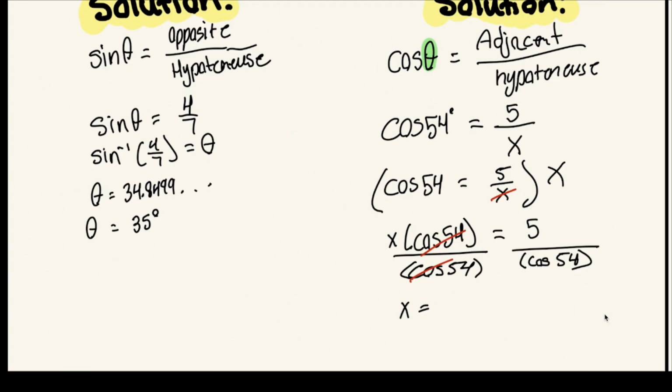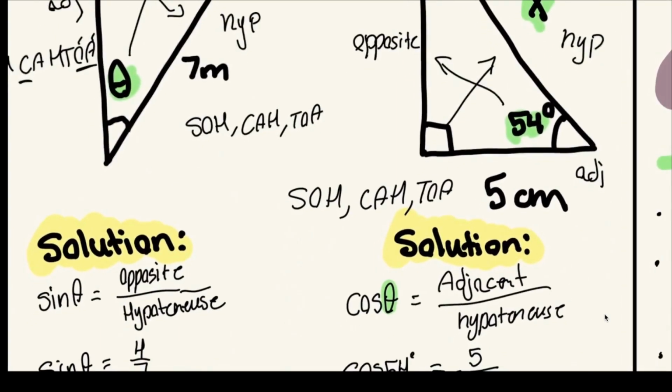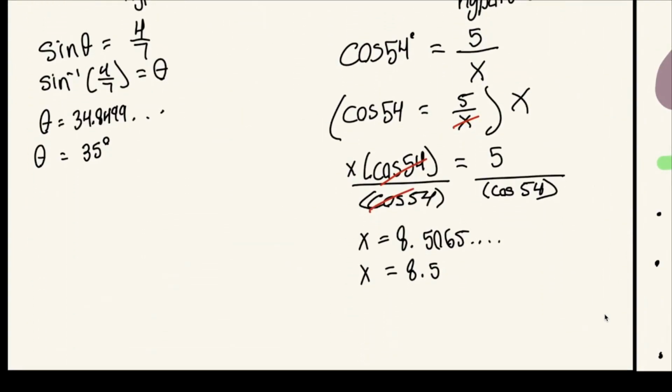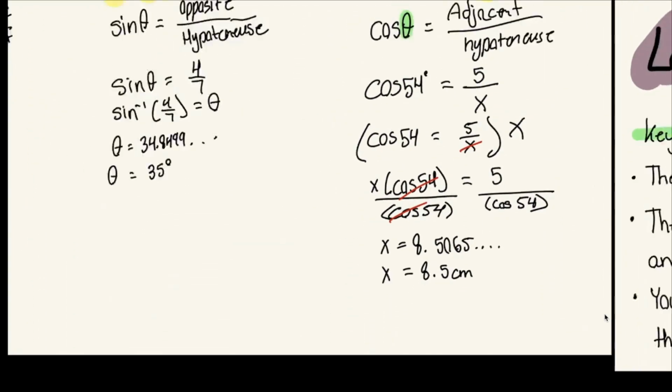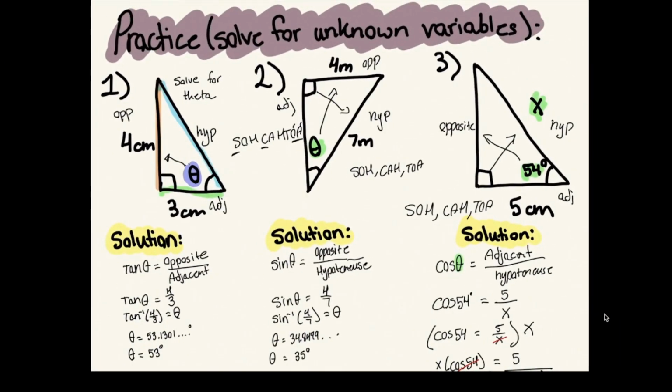And let's see what I get. I get 8.5065, whatever. Therefore, the hypotenuse length is going to be 8.5. I'll round to there. 8.5, and then remember, don't forget your units. 8.5 centimeters.